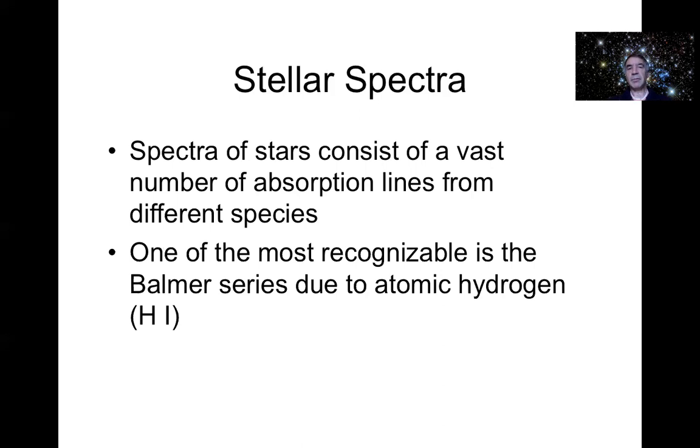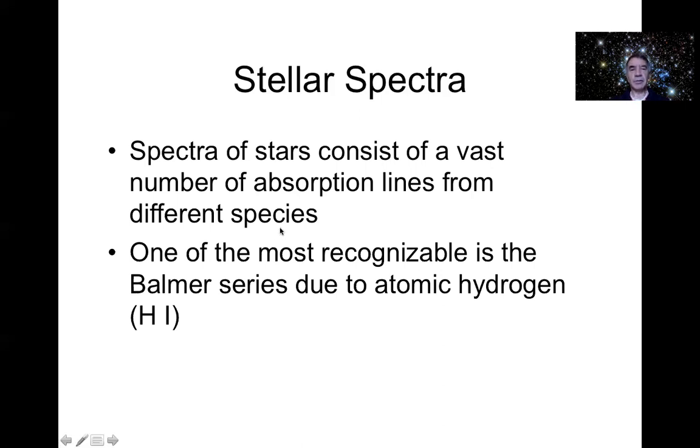But we're not going to get bogged down in any complexity. I'm going to use the simplest one we can possibly use to illustrate how stellar spectra work and how they allow us to probe the temperature of a star. And we're just going to use, again, the simplest element, hydrogen, which of course is also the most abundant.